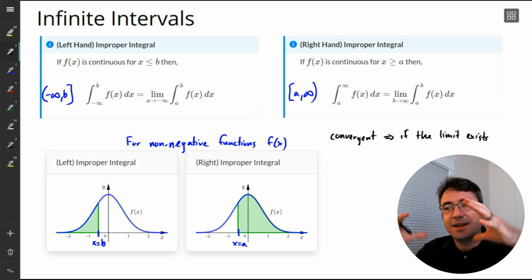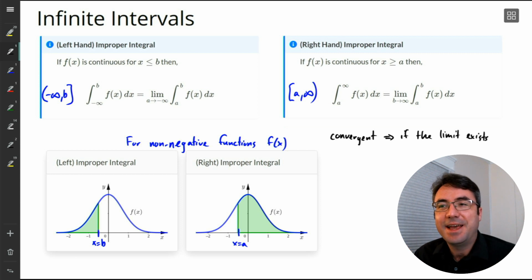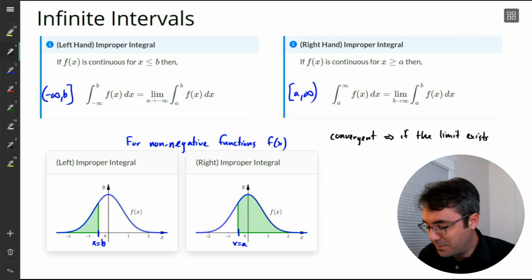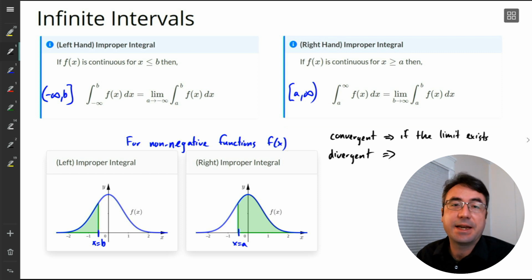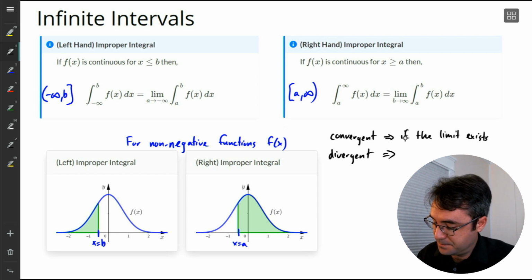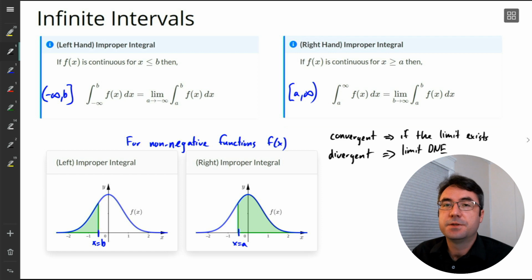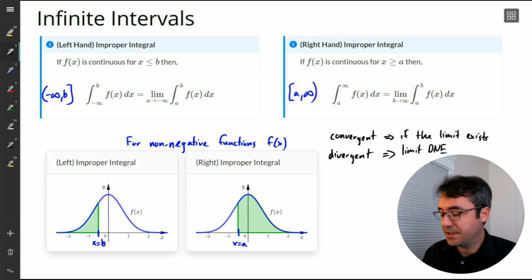So we could technically squish it all down and have a finite area. It's always surprising to me. What about divergent? Well, that's if the limit does not exist. So we say the improper integral is convergent if the limit exists, divergent if the limit does not exist.